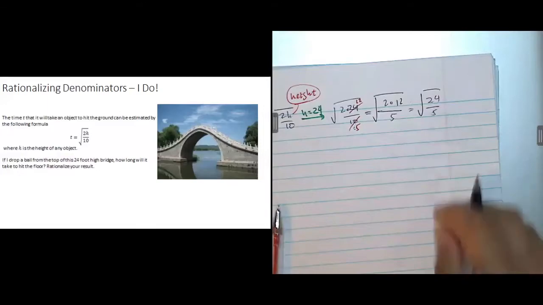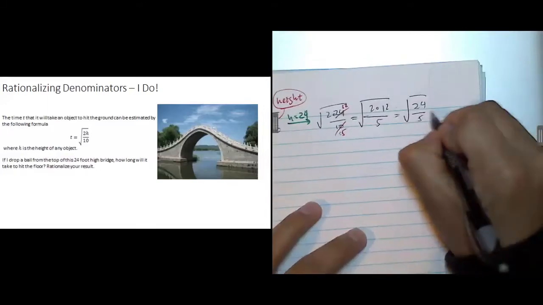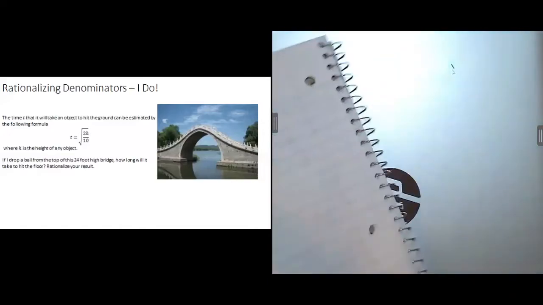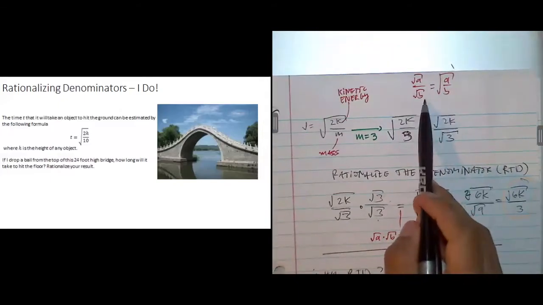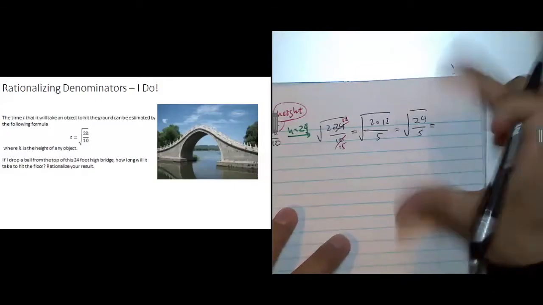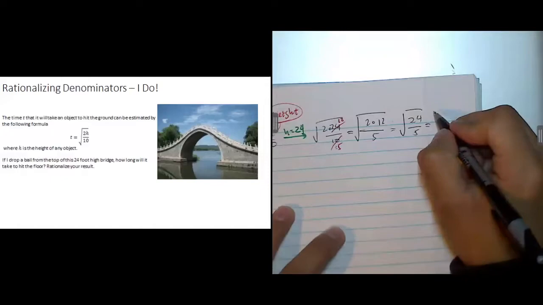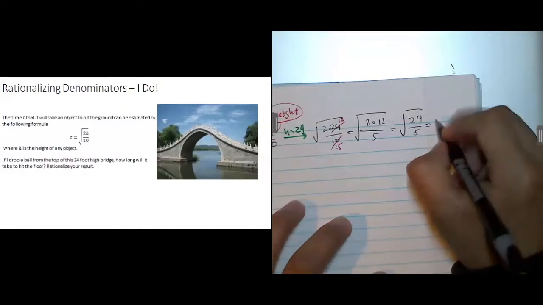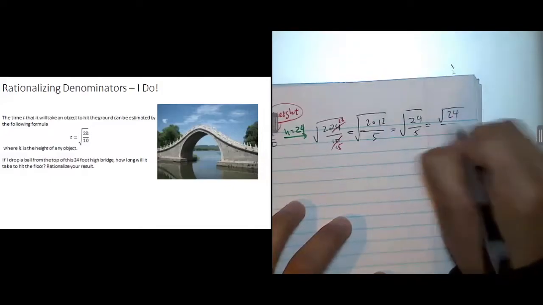Now we can use that rule that we used in the warm-up. Remember this one? Let's write that one here so that we can split it, so that we can rationalize it, because the goal, as the problem's title suggests, is rationalizing the denominator. So the square root of 24 over the square root of 5.